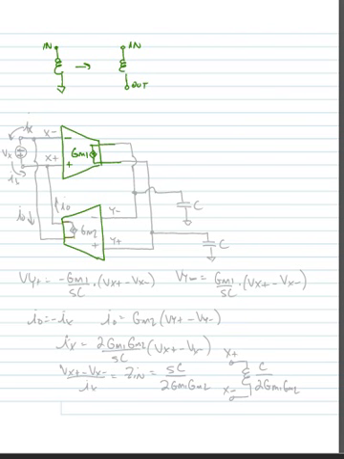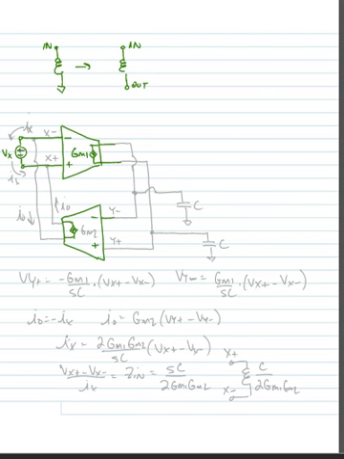Where here, again, we have some kind of differential transconductance dependent upon a differential voltage at the input. So here we might put a test voltage source, Vx, into the circuit and measure the current Ix flowing into the circuit.